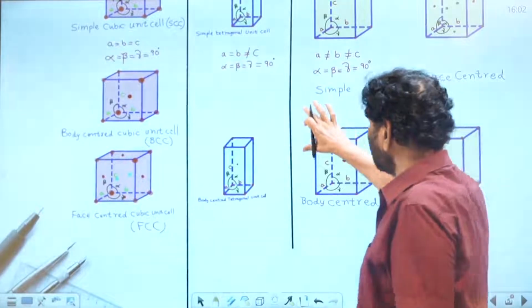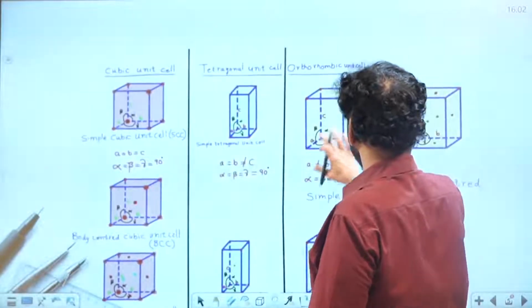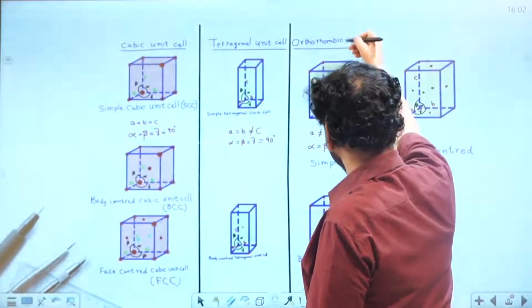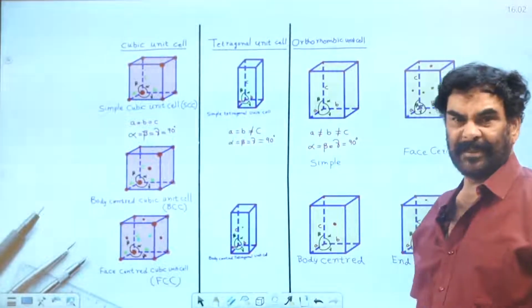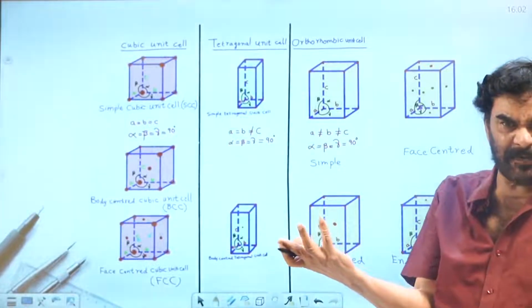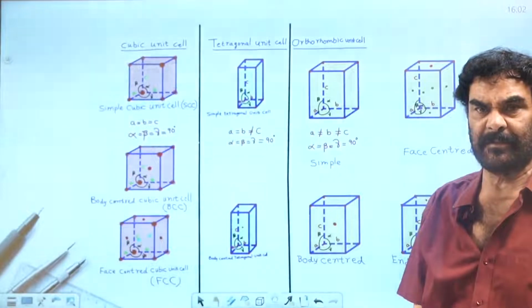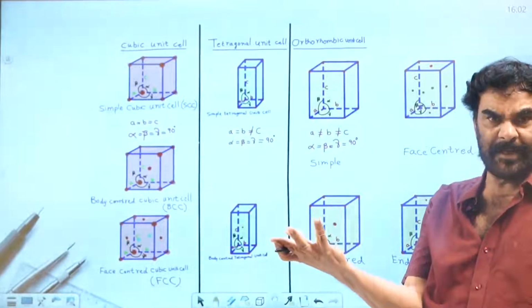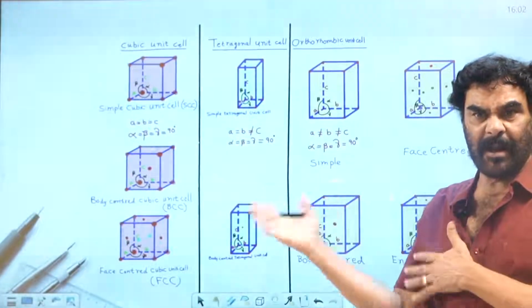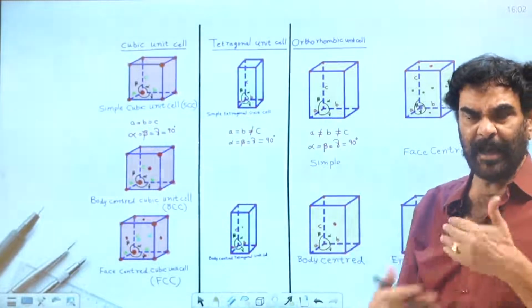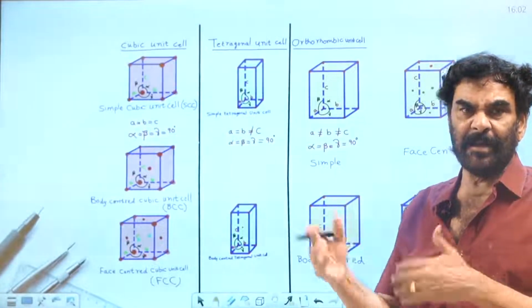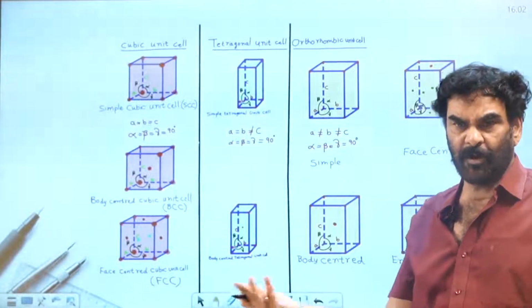Now if you come to the third case, it is the orthorhombic. On what basis are these names given? Based on the cell parameters. There are six cell parameters, A, B, C and alpha, beta, gamma. So in some way, one has to differ from the other in one or more parameters.